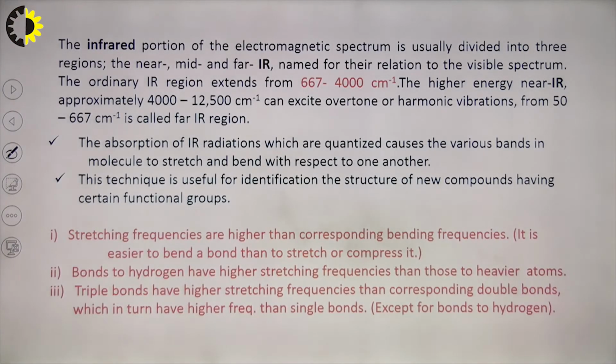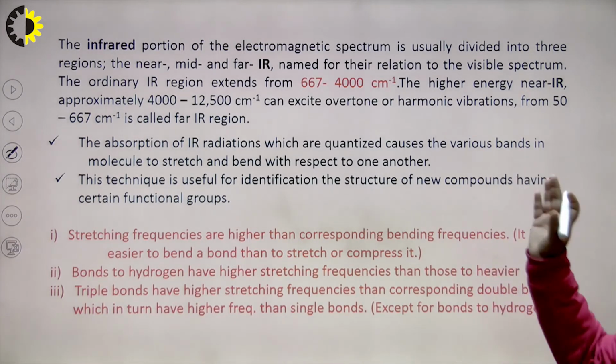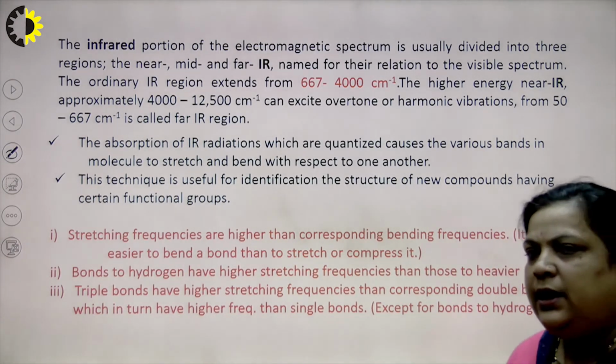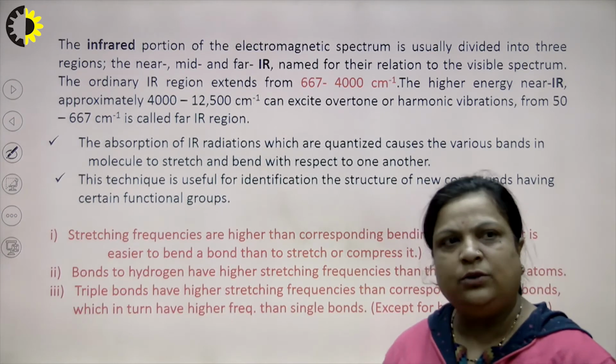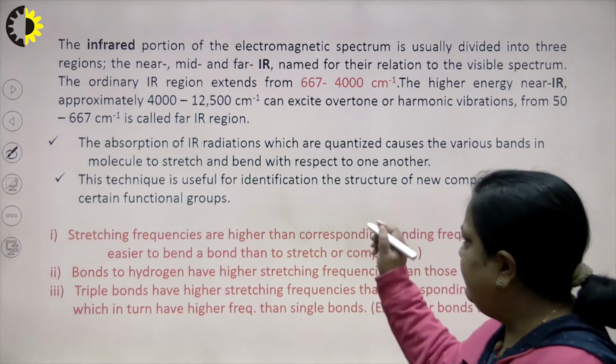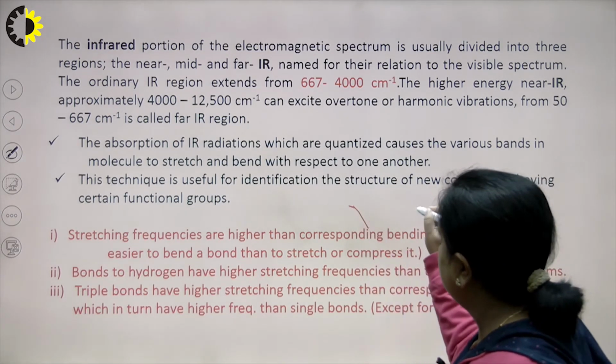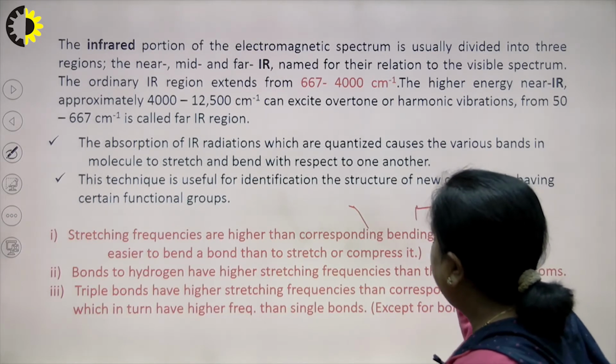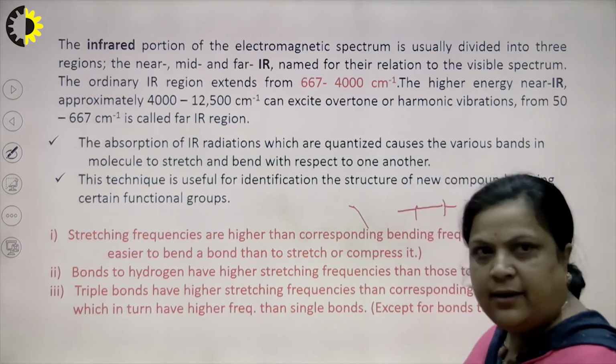Now, what is the range of IR? The IR portion of the electromagnetic spectrum is usually divided into three regions: the IR region, and then far IR and near IR.